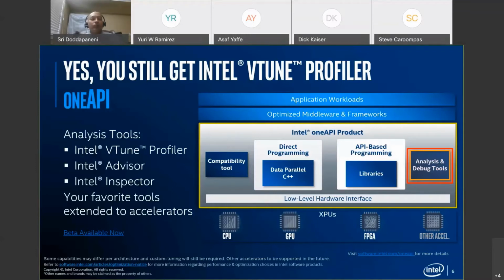And then analysis tools that you're familiar with, the VTune Profiler, Intel Advisor, and Inspector, will also support Data Parallel C++ and work with the Data Parallel C++ APIs in the libraries. The OpenMP programming model that you are familiar with, for some of the HPC developers, will also be extended for offload to accelerators, especially the GPU.